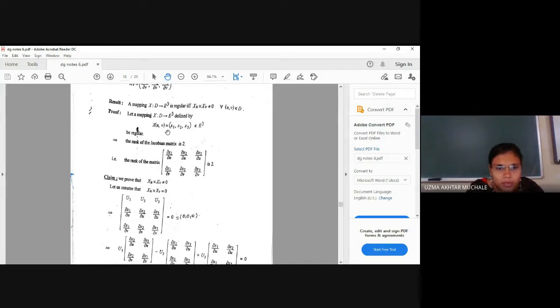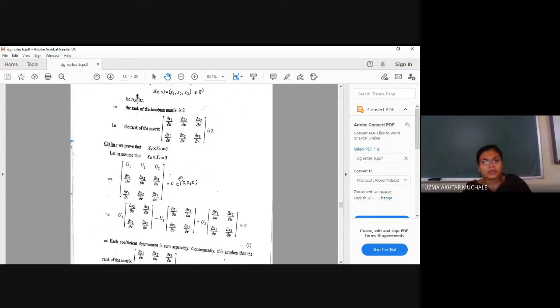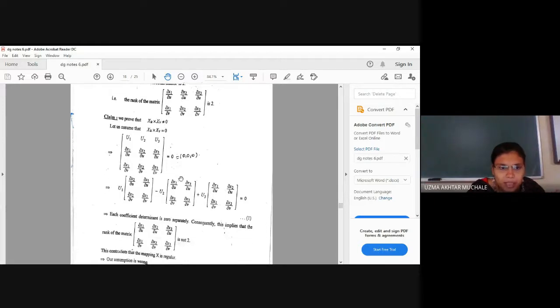So if we have x of uv equal to x1, x2, x3, it means we are provided that the rank of the Jacobian matrix is equal to 2. What is the meaning of the rank being 2? At least one minor of order 2 cross 2 is non-zero. So at least one minor we are getting which is a non-zero determinant.